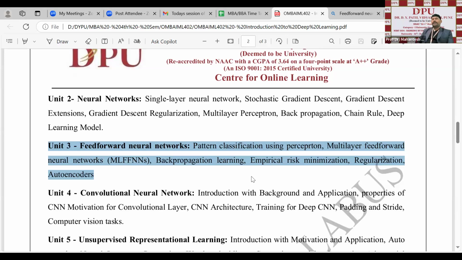What is the meaning of multi-layer feed forward, and what is the meaning of neural networks of the same multi-layer feed forward? Once those are clear, we'll talk about backpropagation learning as well as empirical risk minimization, regularization, along with encoders.